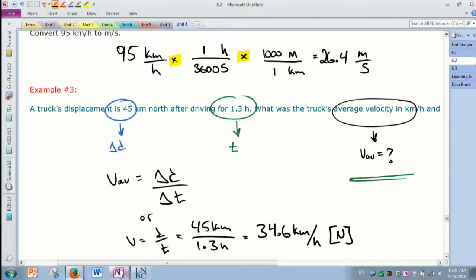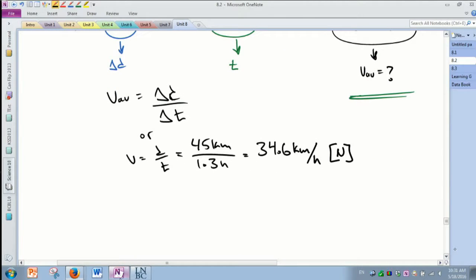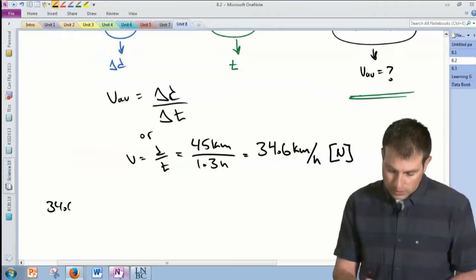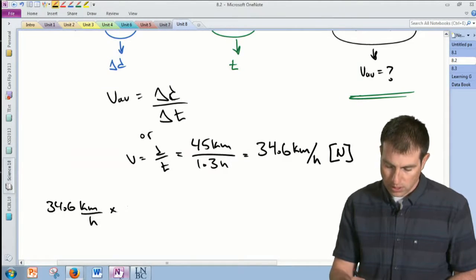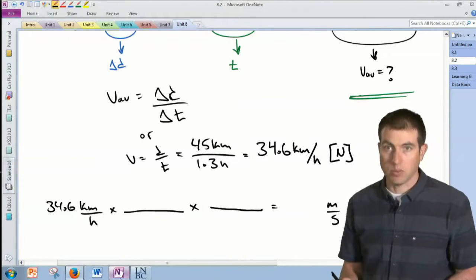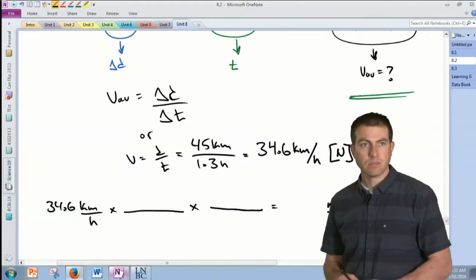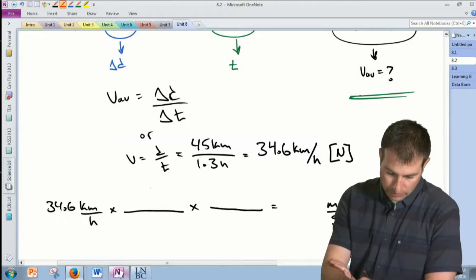The second part asks to convert this to meters per second. So let's do that. 34.6 kilometers per hour times... I want to end up with meters per second. Kilometers is on the top, so I want to get rid of it.